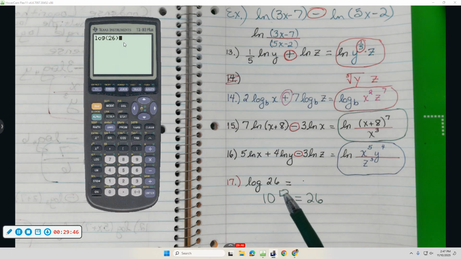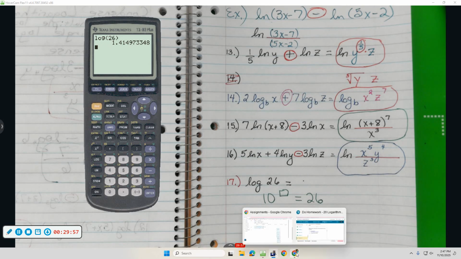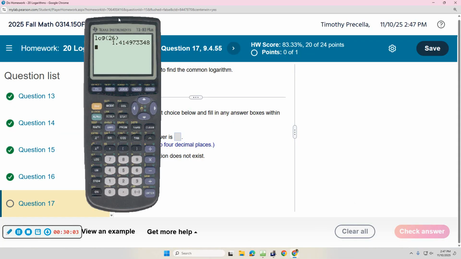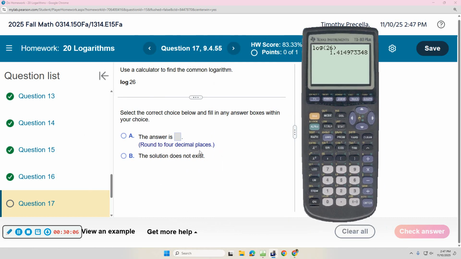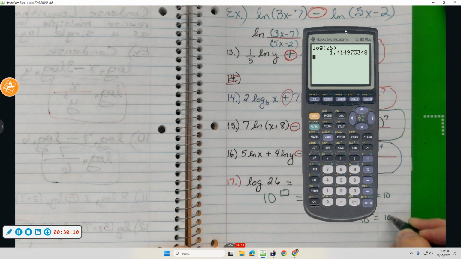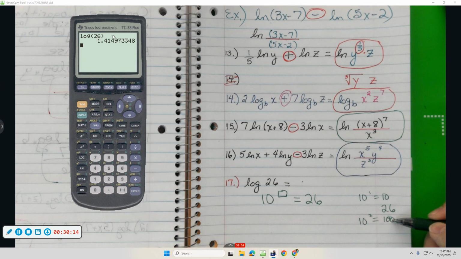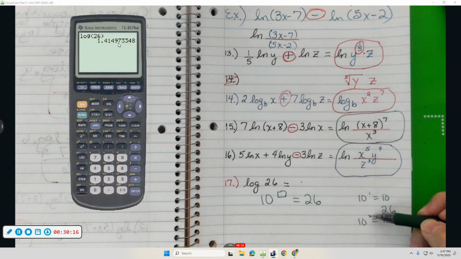Get into the habit of closing the parentheses, even if your calculator gives you the answer if you don't, because there's really messy stuff coming up in the next homework assignment. And if you're not closing the parentheses, you're going to be getting the wrong answer. My logic said it had to be that 10 to the first is 10, 10 squared is 100, 26 is between 10 and 100, so the exponent has to be between 1 and 2.